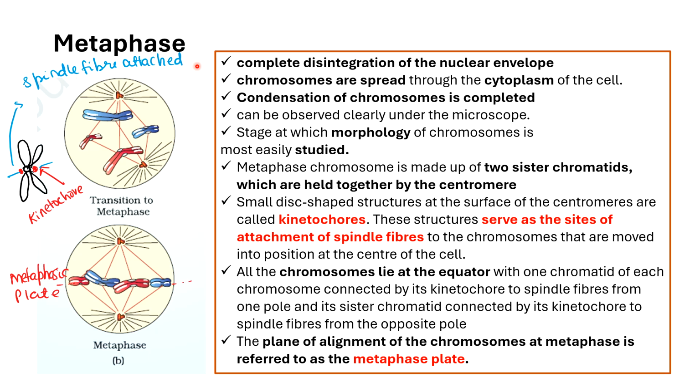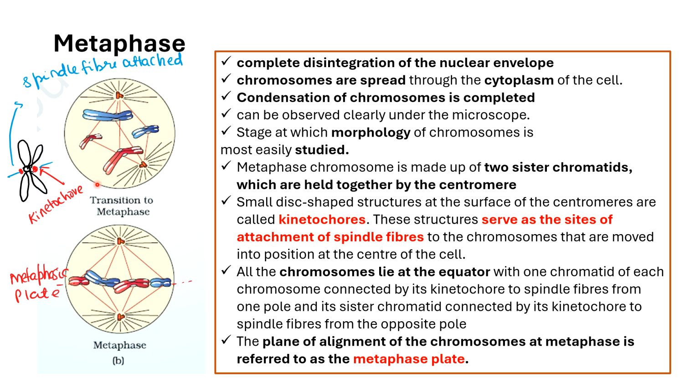Metaphase is the second stage of mitosis. It is characterized by chromosomes that lie at the equator. Okay, all the chromosomes are highly condensed in metaphase. The condensation of chromosomes which was initiated in the prophase stage is completed in the metaphase.